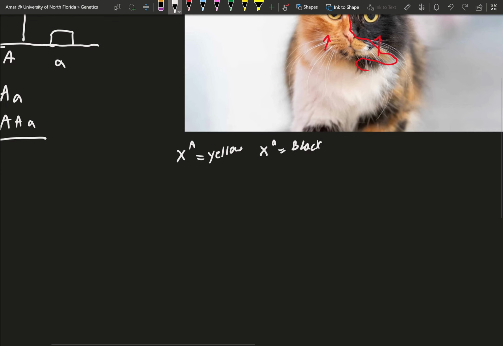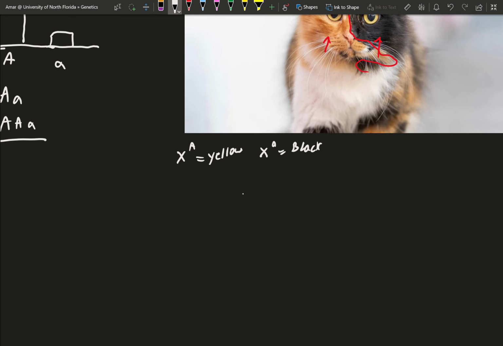So let's say you have a couple of stem cells over here on the left part of your face, and a couple of stem cells on the right part of your face. Let's assume that the yellow one is active on this part, and then the black one, written in white, is condensed. But then the black one is activated in this stem cell randomly, and then the yellow one is condensed.